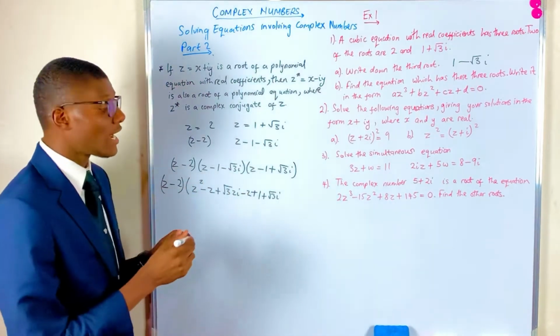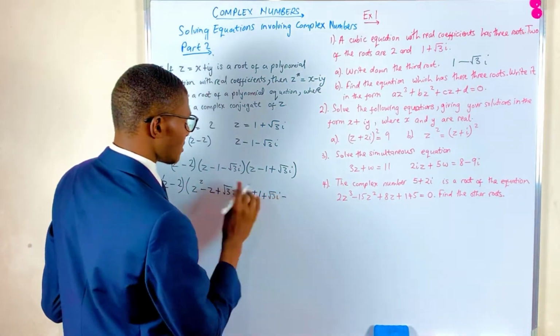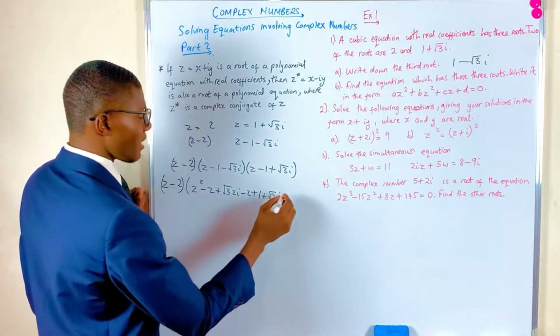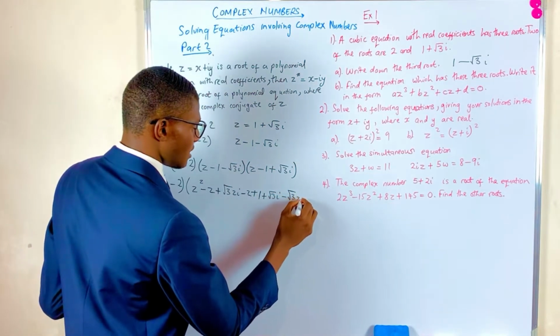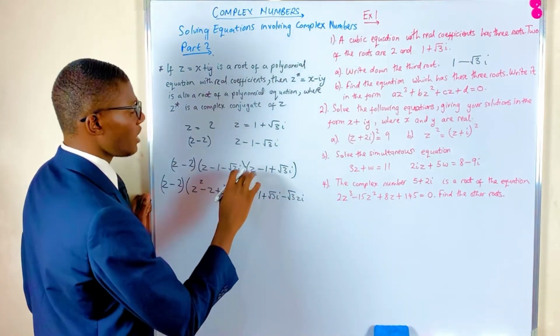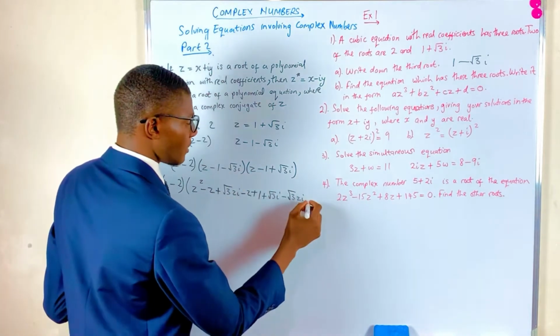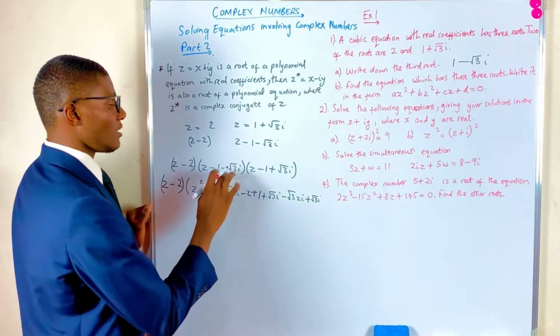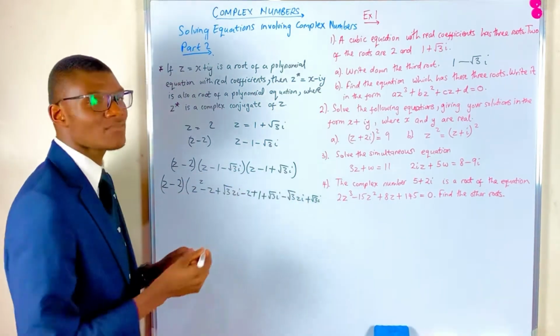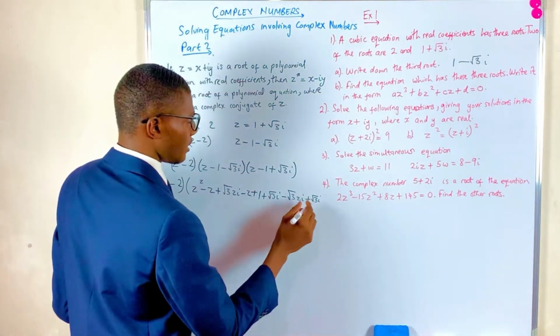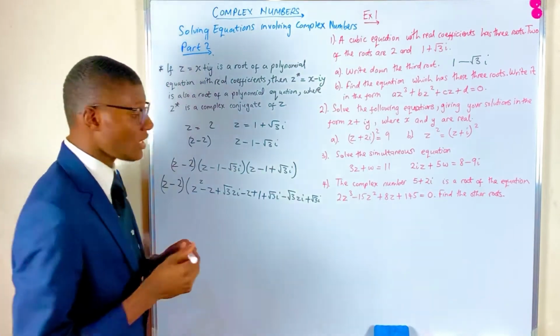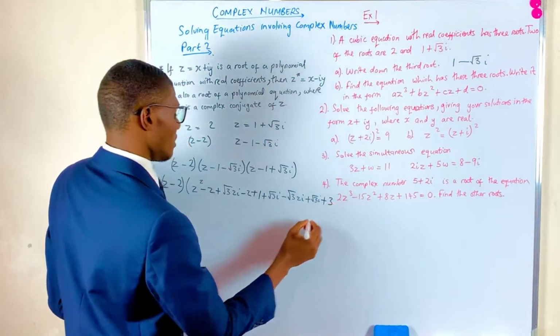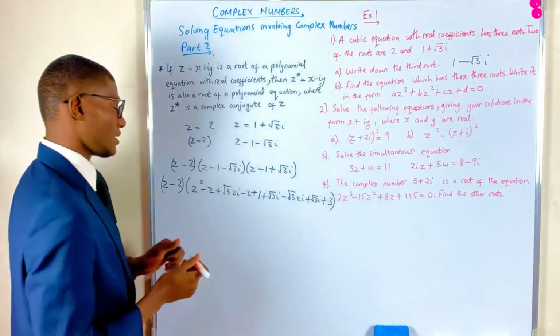Then minus root 3i times z, we get minus root 3zi. Then minus root 3i times minus 1, we get a plus root 3i. And minus root 3i times root 3i, we get a minus 3i squared, which is plus 3. Then we close the bracket.